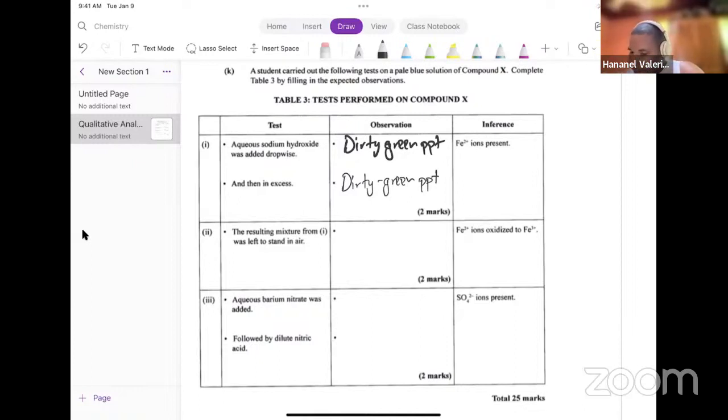All right, and then part 2 says the resulting mixture from 1, so that means a mixture with iron 2, is left to stand in air.